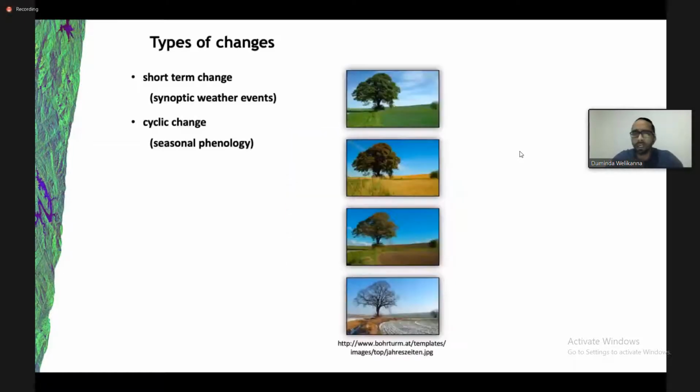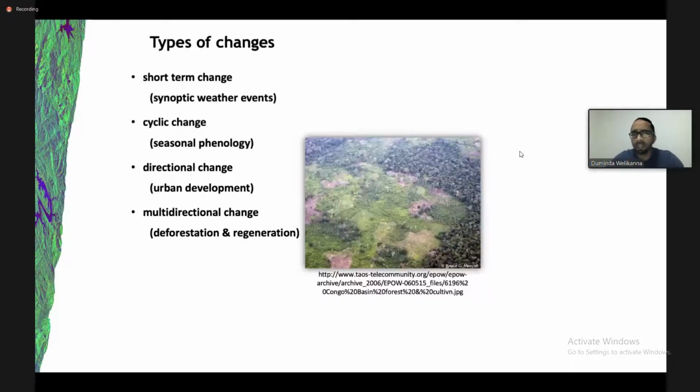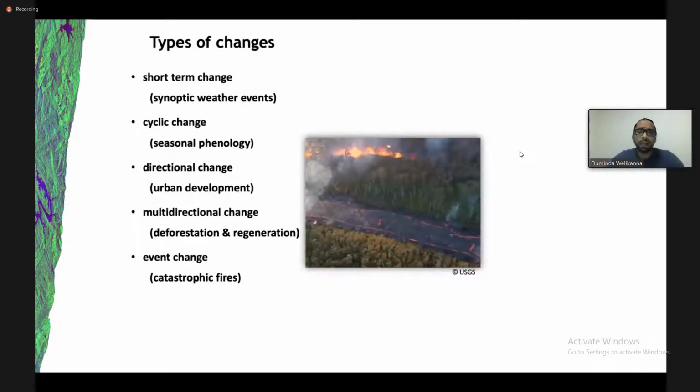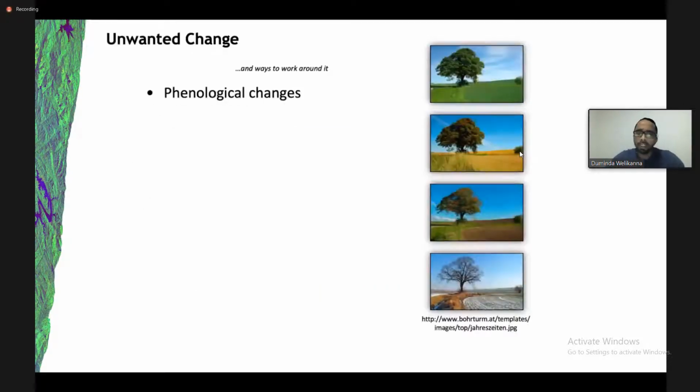Types of changes: short-term changes, cyclic changes, directional changes, multi-directional changes. You can read about this; I will pass on this PDF to you. Then there are unwanted changes. We don't need phenological changes, that means how the color of the trees is changing, because we want to know what happened on the ground.